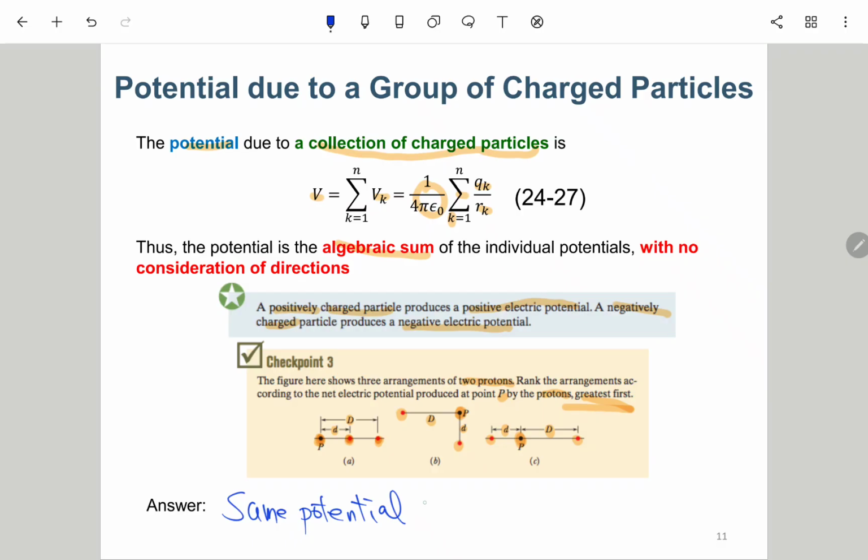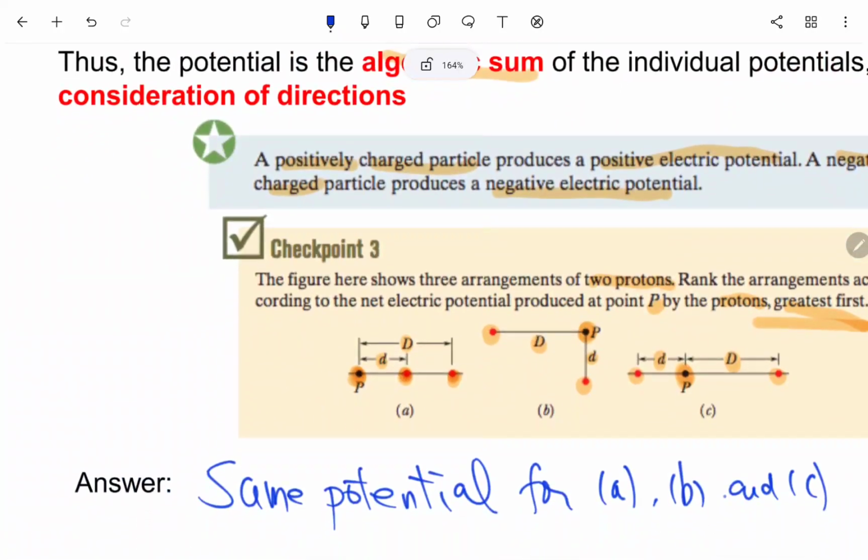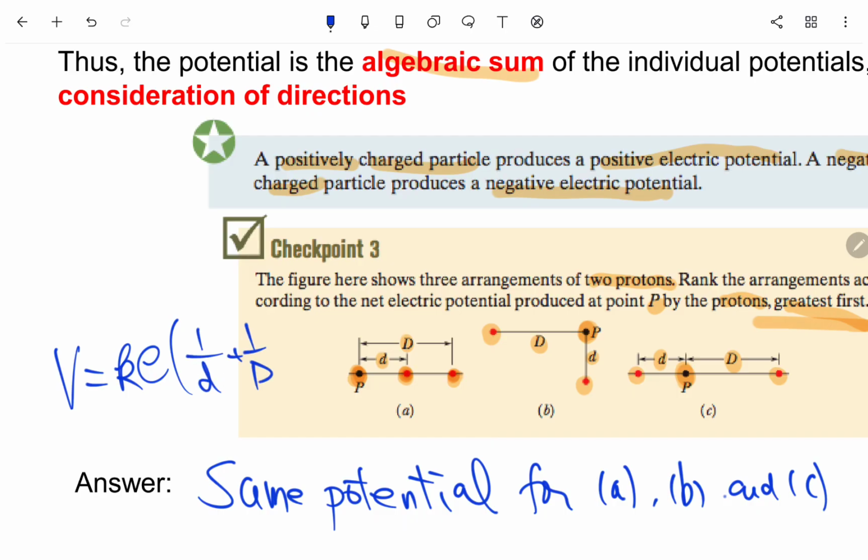Same potential for A, B, and C, because it's only a scalar sum. So for all three cases, V will be k times e times (1 over small d plus 1 over capital D), where k is 1/(4 pi epsilon naught).